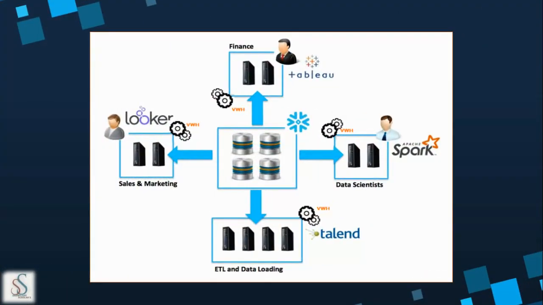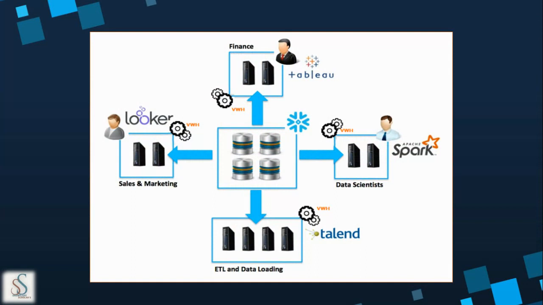Okay, so as I said, concurrency is possible due to the multi-clustering approach, but what is the use of that? For example, in your company you have different departments like finance, data scientists, ETL and data loading, who is ingesting the data, and sales and marketing. Each of these departments can use a separate virtual warehouse, so that two departments will not be intervened or blocked.